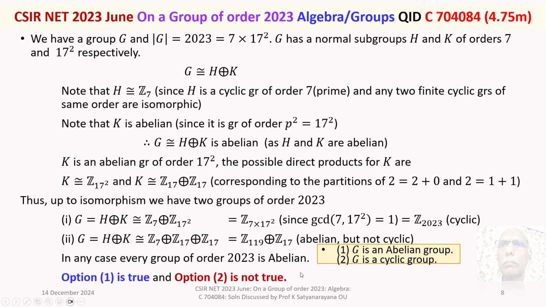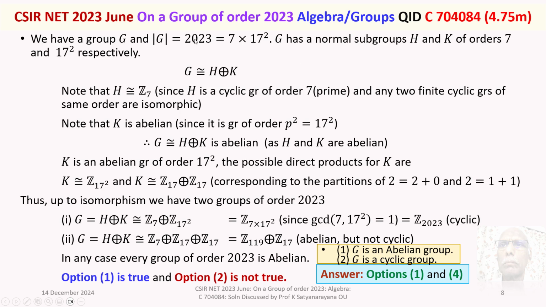Summarizing all the options, the answers to this question are options 1 and 4. Option 1 here, 4 in the last slide. It is not a simple group. That is option 4.